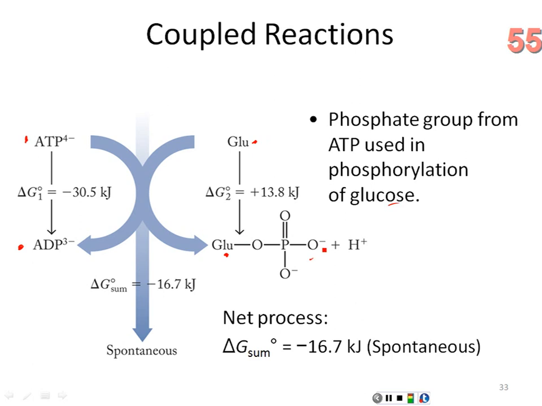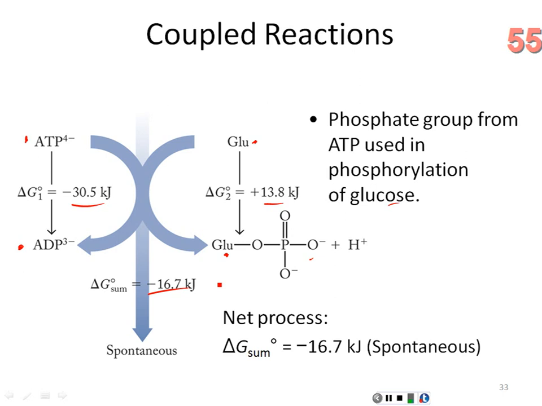And we add the two delta G values together. The overall delta G value we get is negative 16.7. So this coupled process then becomes spontaneous. The glucose to glucose 6-phosphate reaction is not spontaneous, but when we couple it to ATP to ADP, the removal of the phosphate group, we get a net spontaneous process.